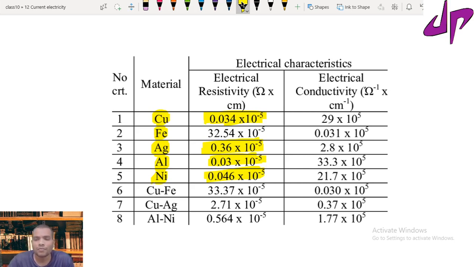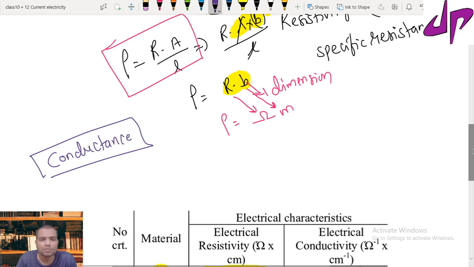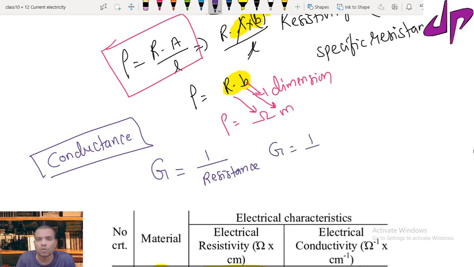First, let me define conductance: the reciprocal of resistance is known as conductance, represented by capital G. So conductance equals the reciprocal of resistance, G equal to 1 over R. R units are ohms, so G units are ohm inverse.